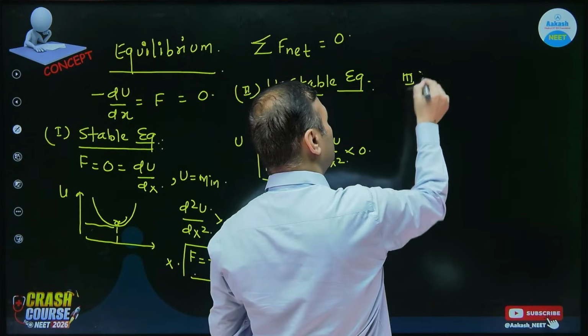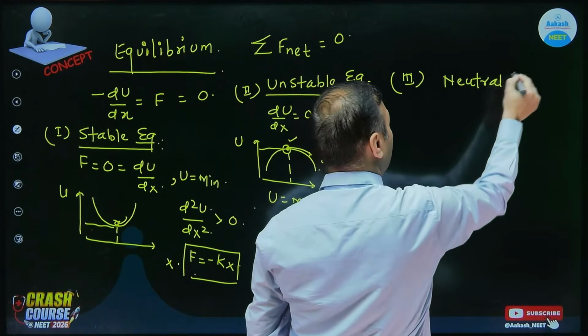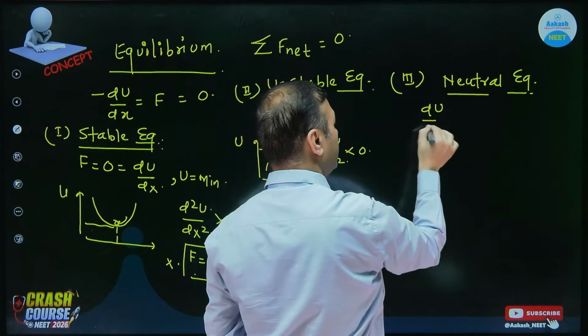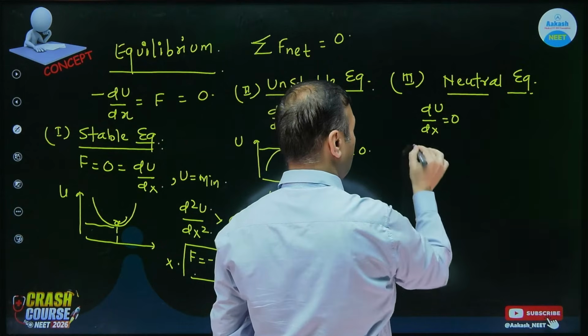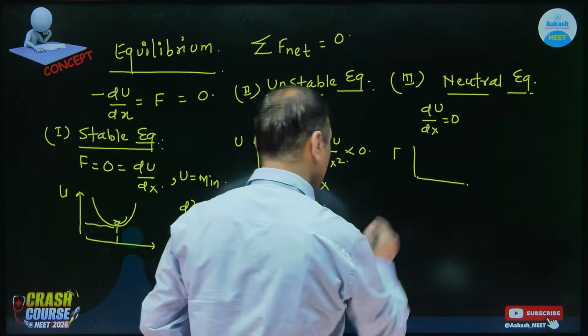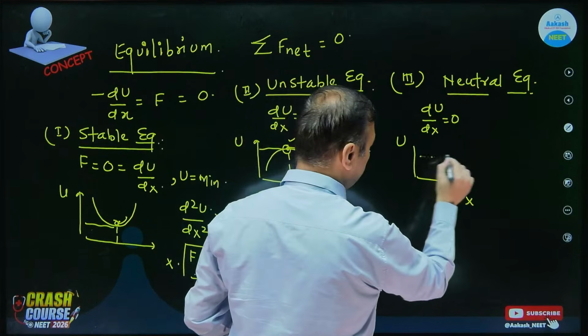And in the third situation, you have neutral equilibrium. In the case of neutral equilibrium, du by dx is 0, and as the name suggests, the potential energy with respect to x remains constant.